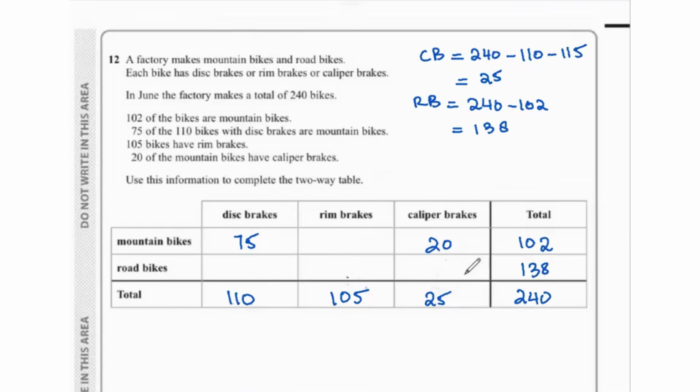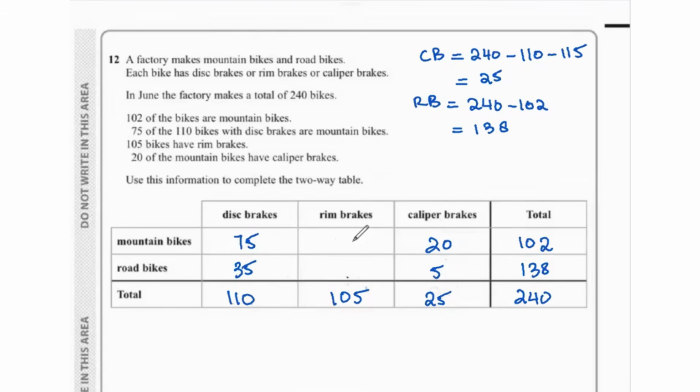That comes over here. This is going to be 5 because the total is 25, like the values in the column add up. So 20 plus 5 is 25. Similarly over here, 75 plus something gives us 110. So that something is 35.